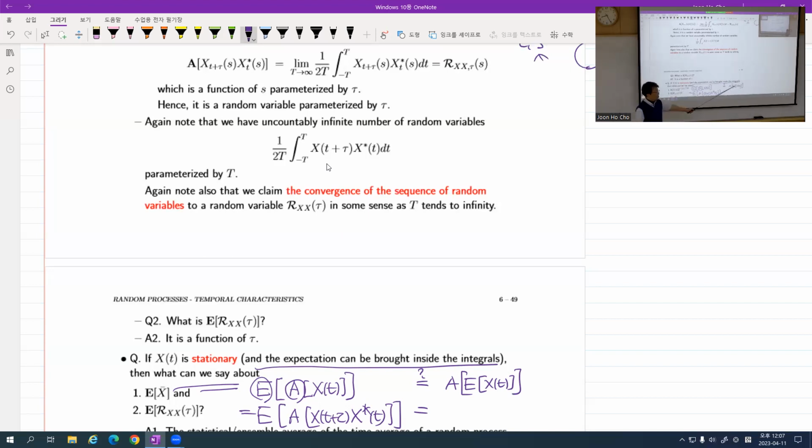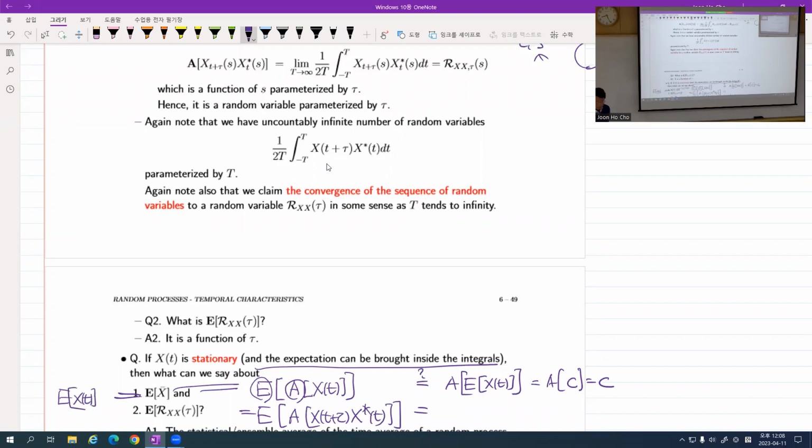Because it's a first order moment, and that should not depend on t, right? So it's a constant. Let me say C, and that is the time average. So it's the same as C. So you can say that this equals the expectation of x of t.